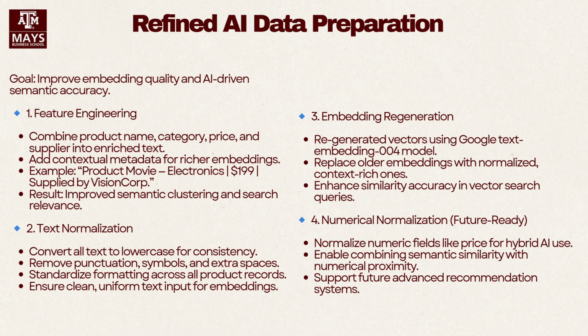Now, numerical normalization. This makes our system future-proof. We can normalize numeric fields like price. We can enable combining semantic similarity with numerical proximity, which will support future advanced recommendation systems.